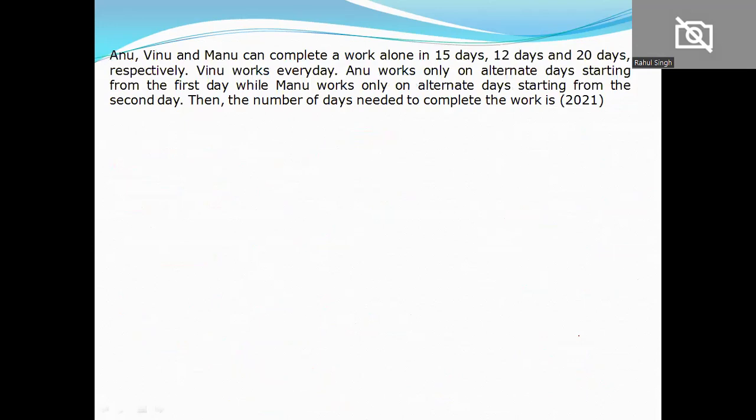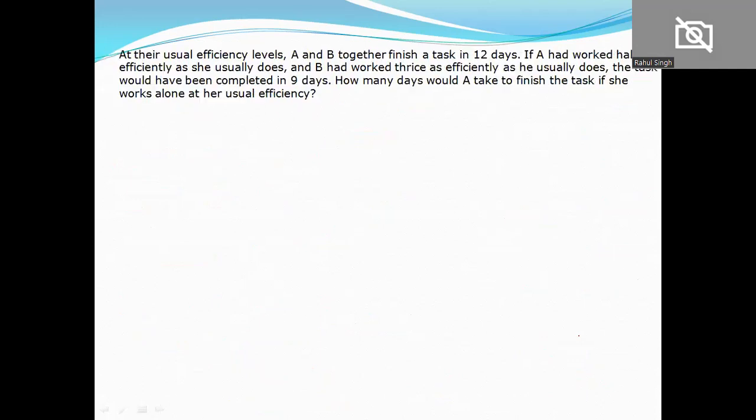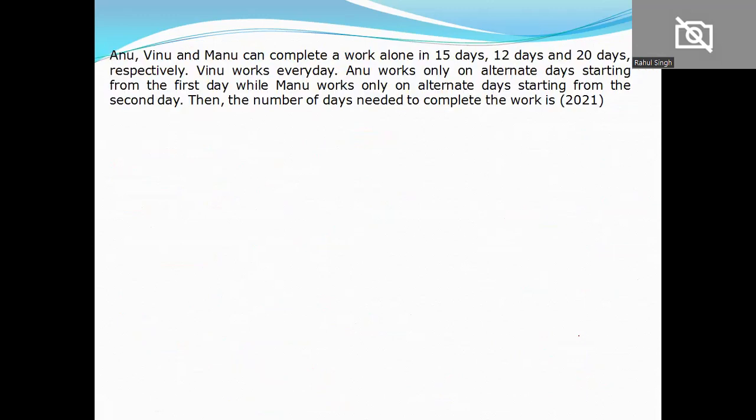21 का क्वेश्चन. Anu, Vinu and Manu can complete a work in 15, 12, 20 days respectively. Vinu works every day. Anu works only on an alternate day starting from the first day, while Manu works on an alternate day starting from the second day.